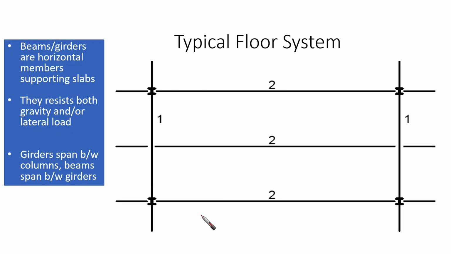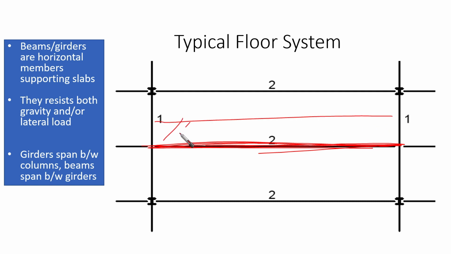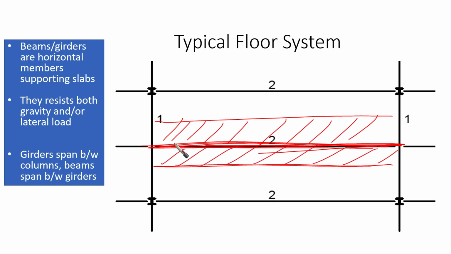In a typical floor system, you are going to find that beams or girders are horizontal members supporting slabs. These are considered to be our beams, which take the dead load and live load and so on from the slab, and then this load is transferred to what we call girders, which are also beams but with a larger cross section.